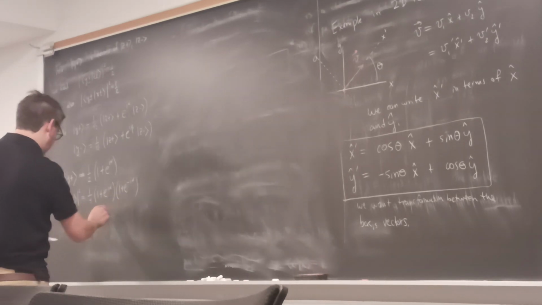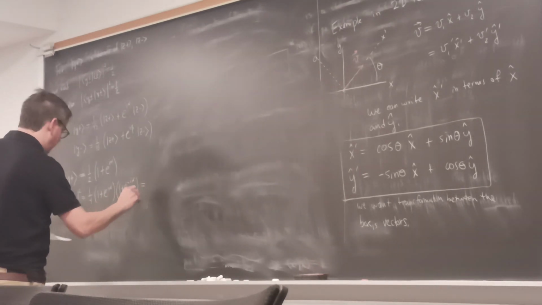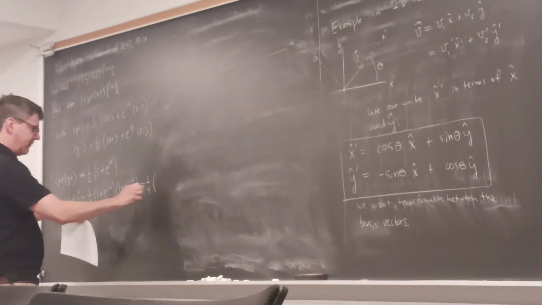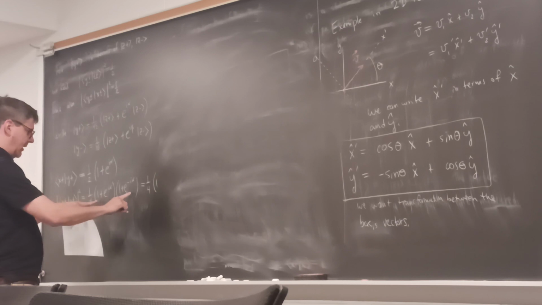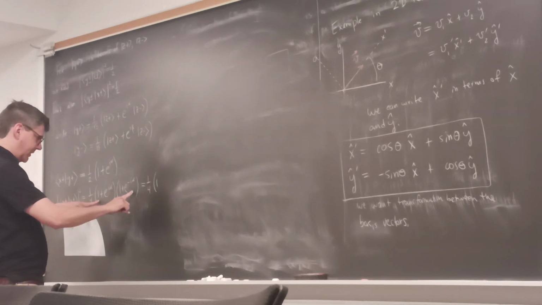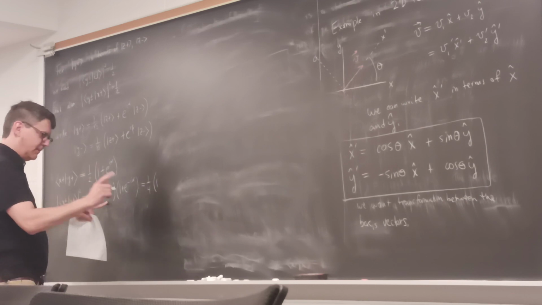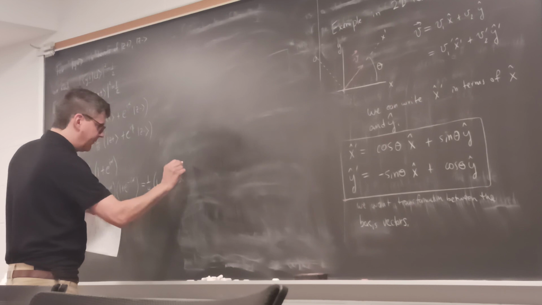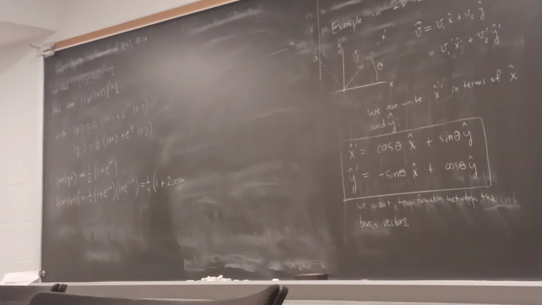And this is equal to 1/4. We'll have 1 here, and then plus e to the I alpha plus e to the minus I alpha. That's plus 2 cosine alpha, using the exponential notation, right?